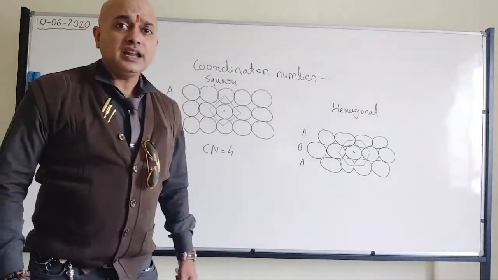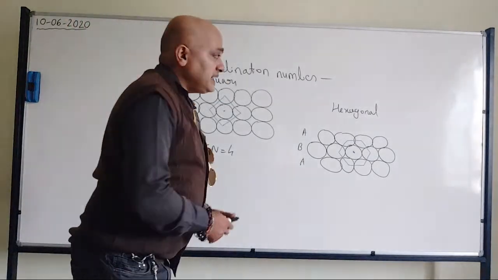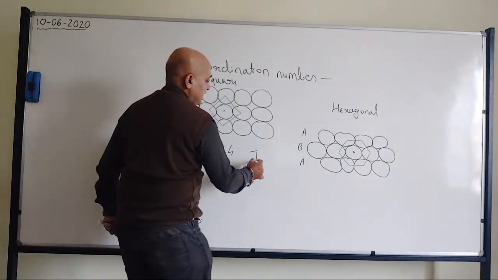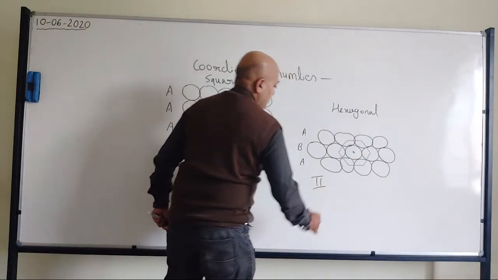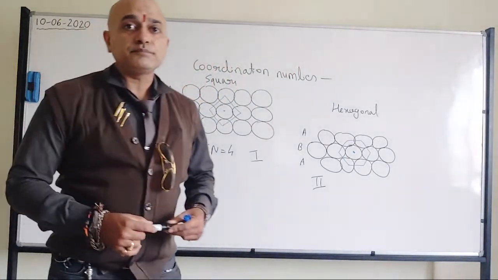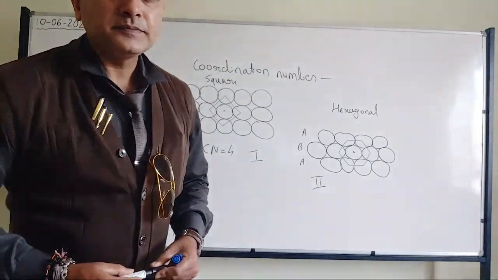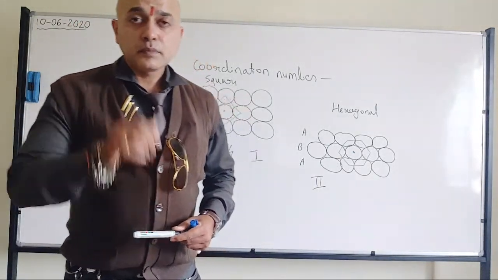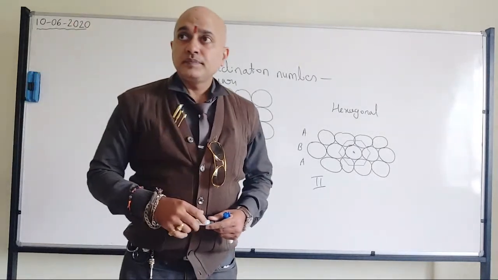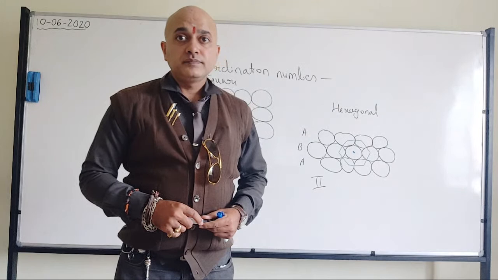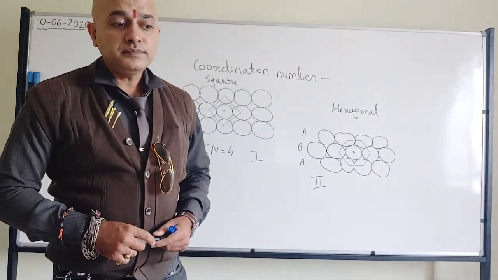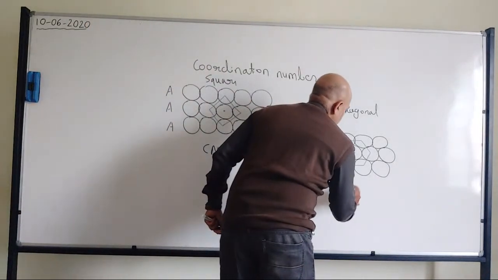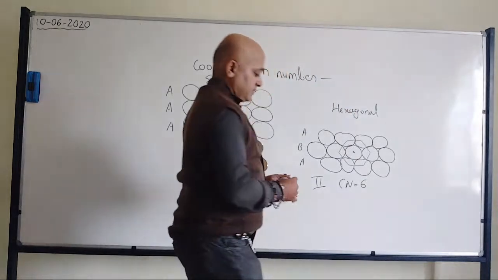Hexagonal two-dimensional arrangement. Now, what is the coordination number in the second type? If you take this one as the first type, the coordination number is 4. What is the coordination number in the second type? Anyone? Yes, the coordination number should be 6.